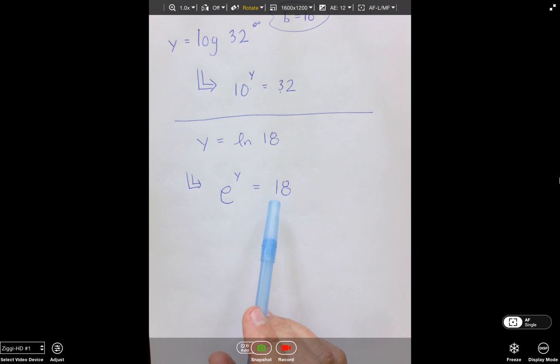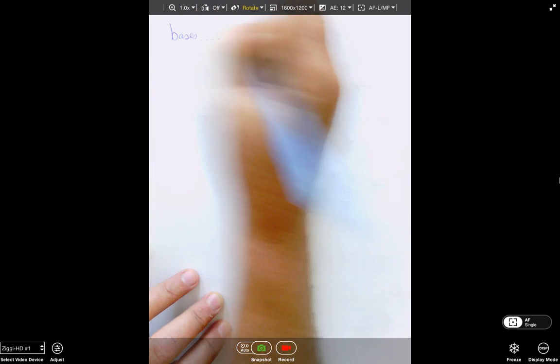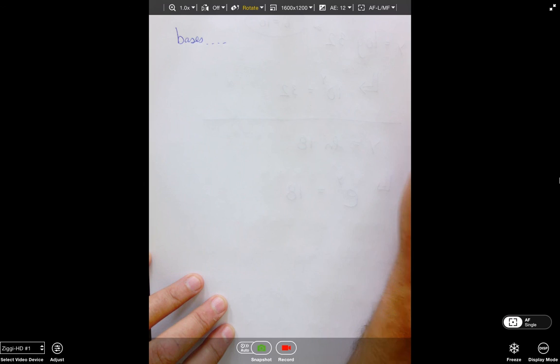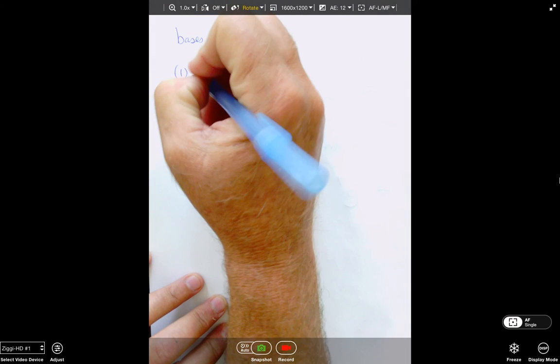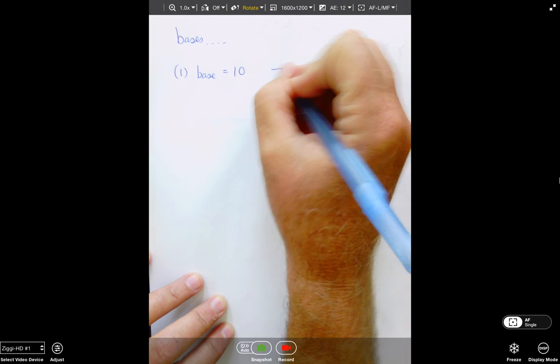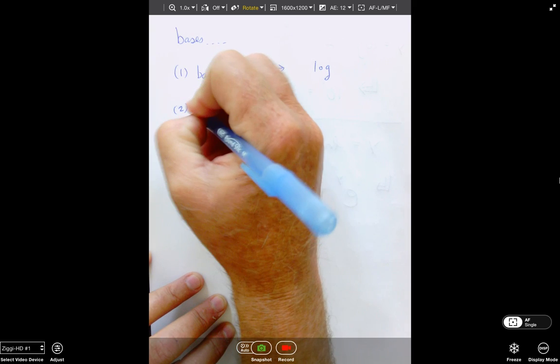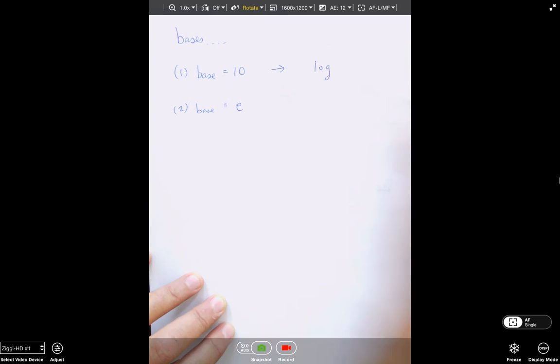Now, I told you earlier that we needed to think in bases in terms of three ways, and it should make a little bit more sense why I said that. So bases: base 10. This is important because that is your log key. Base e.